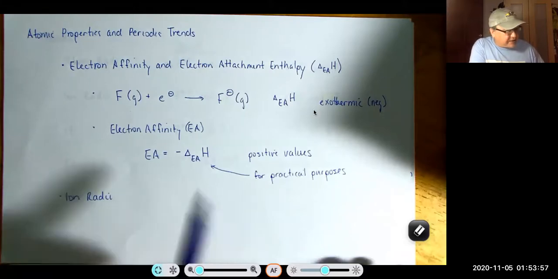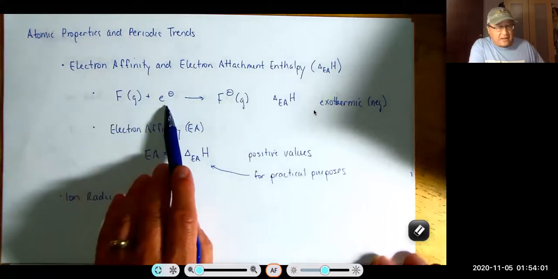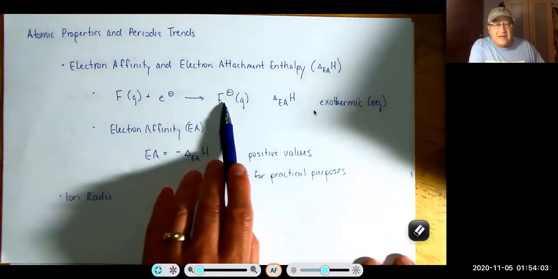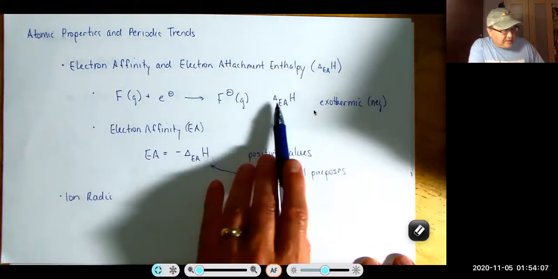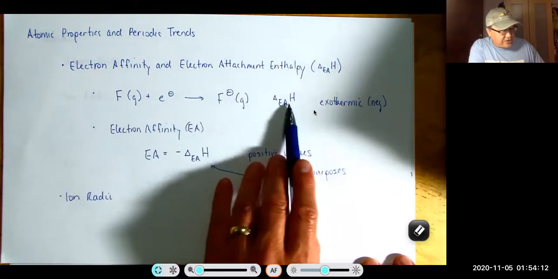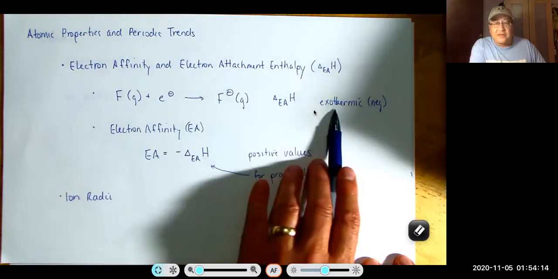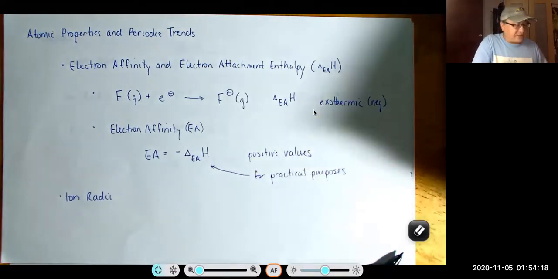So here we have a gaseous fluorine atom getting a gaseous electron, and it becomes a fluoride ion. The energy change here is called delta or electron attachment enthalpy, delta EAH. Now this is exothermic. This is something that releases energy, so it's a negative value.